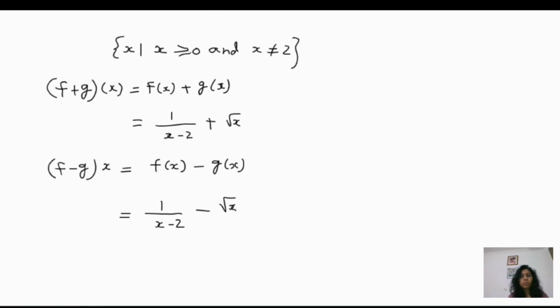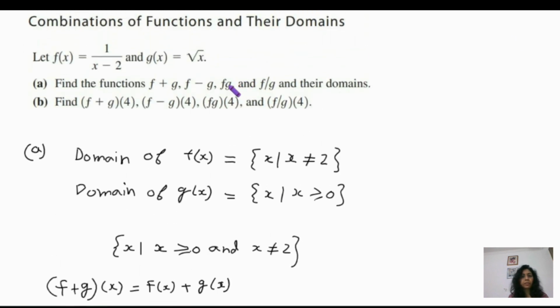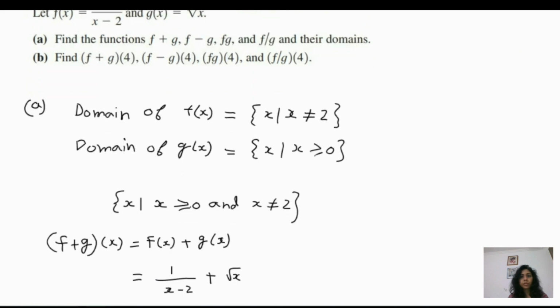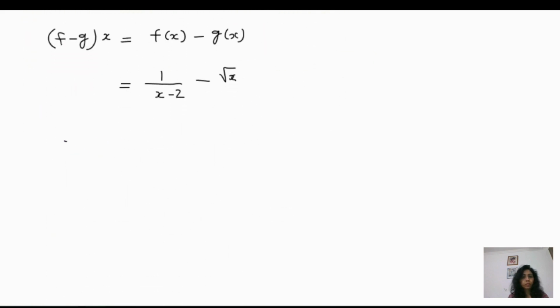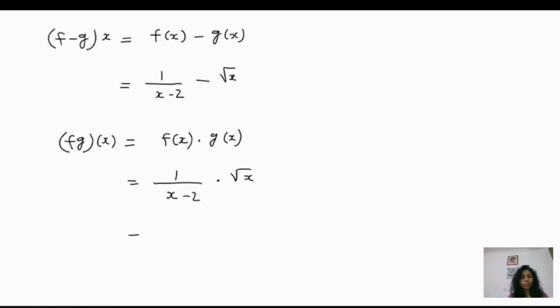Now f multiply with g, the third one, the product. So (fg)(x) equals f(x) multiply g(x). So here the f(x) value is 1 upon x minus 2 and this is square root x. So we can write like this.